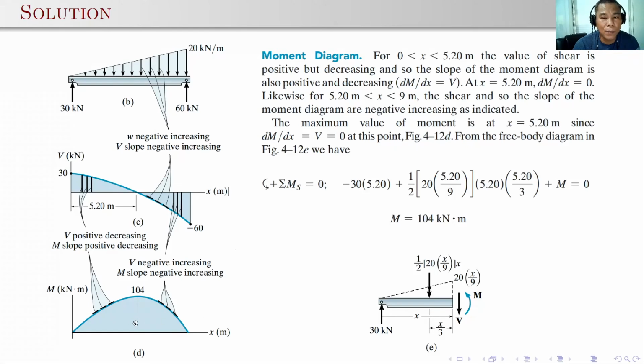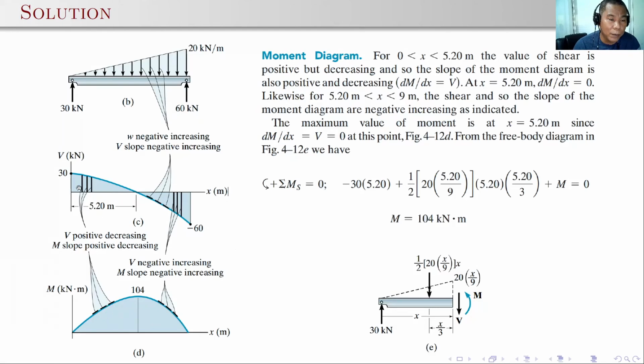So the maximum value of the moment is located at this portion at zero shear. And how do we determine that value? You can just compute the area of this curve. Take note, we have a first degree curve for the loading, and the shear should be second degree, and the moment should be third degree.